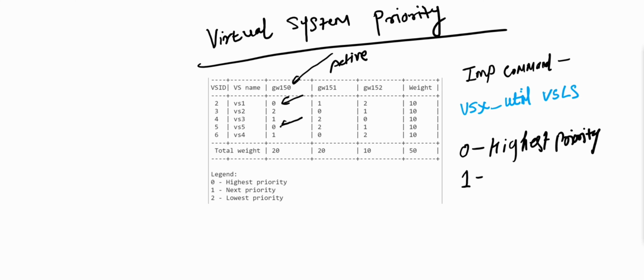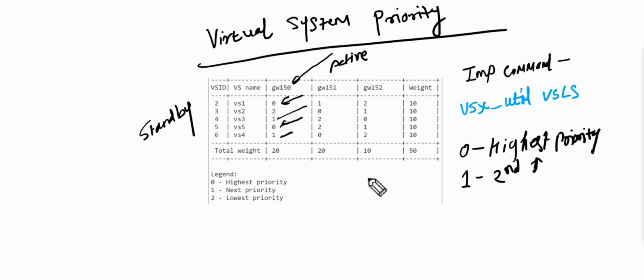The priority with integer 1 is the second highest priority, which indicates the member designated to host the virtual system is standby. So whoever has this priority, consider VS3 on gateway 150, is in the standby state.